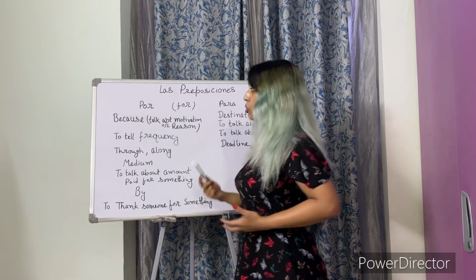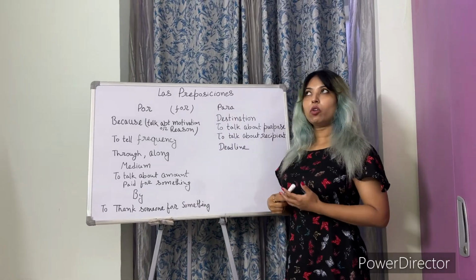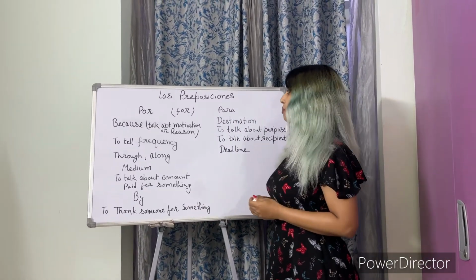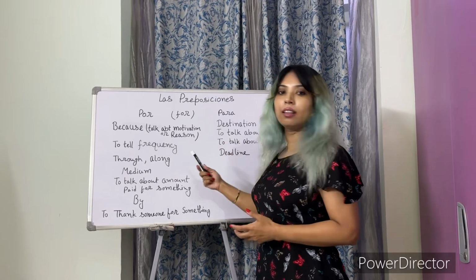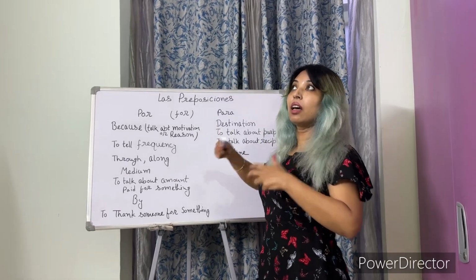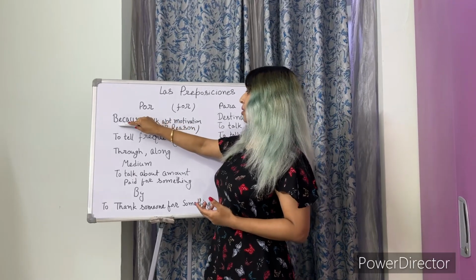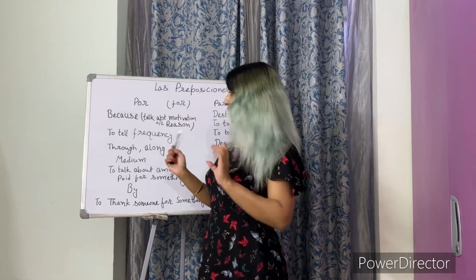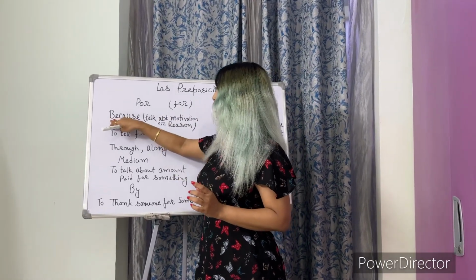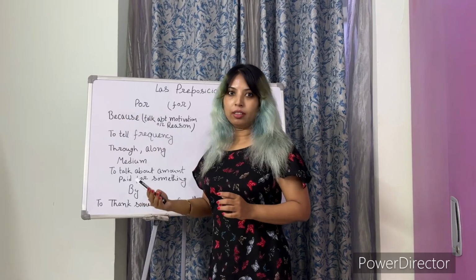Por is used when you want to talk about motivation or reason behind something. You can check it like that: if you can use "because of".